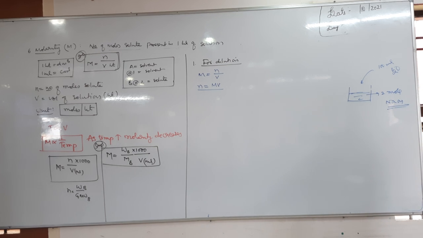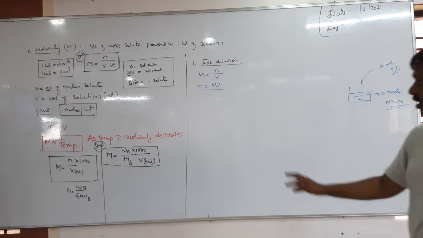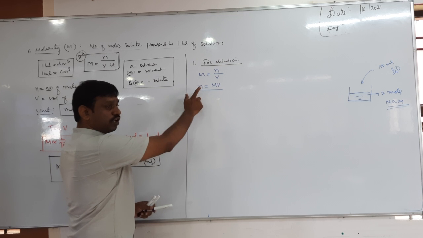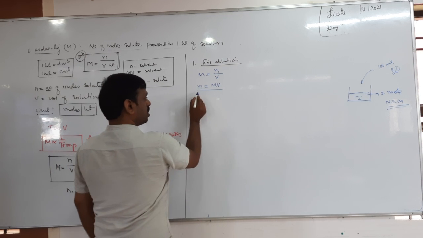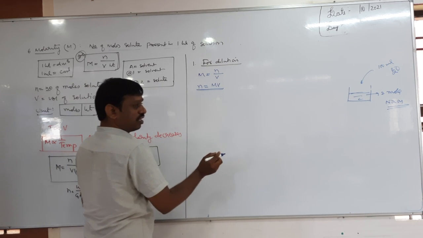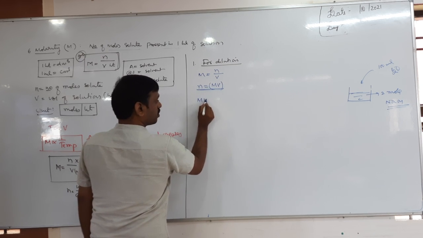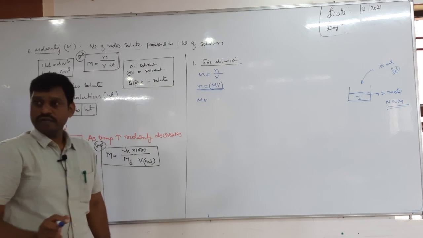What changes? Volume changes, solvent changes. So therefore the number of moles of solute remains constant. Since the number of moles of solute is constant, M into V is a constant.